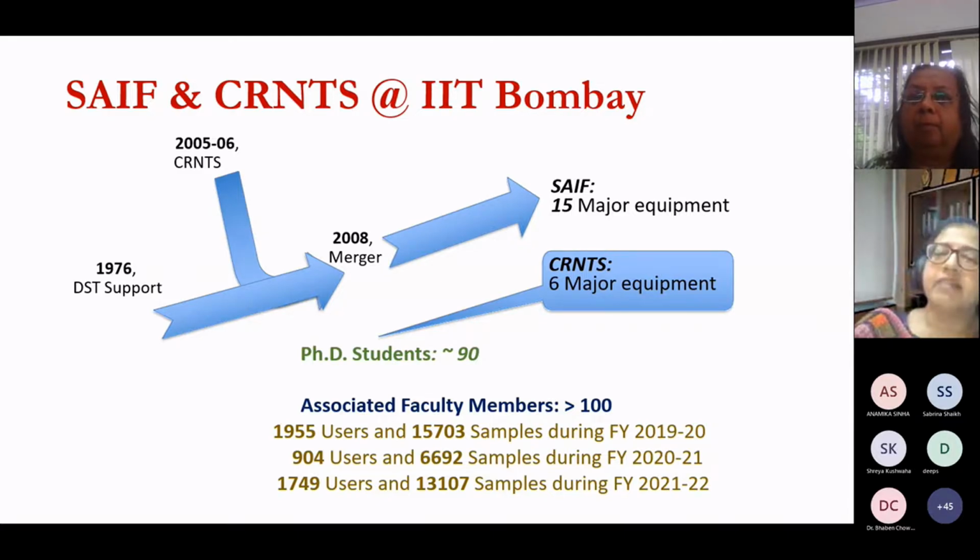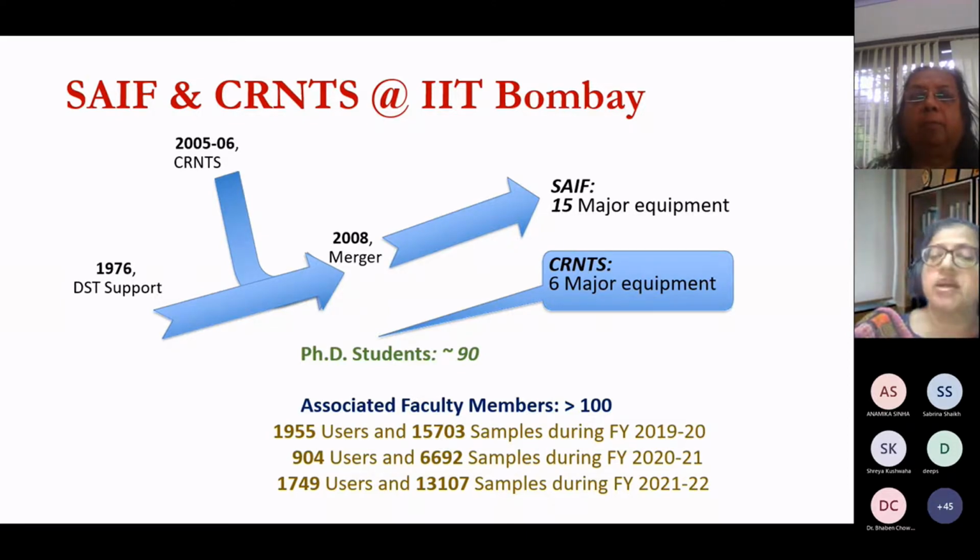In SAIF, we have 15 major instrumentation facilities. And in CRNTS, there are 6 major equipment. We have a large number of PhD students, about 90 students currently. And we work with faculty all over the institute.